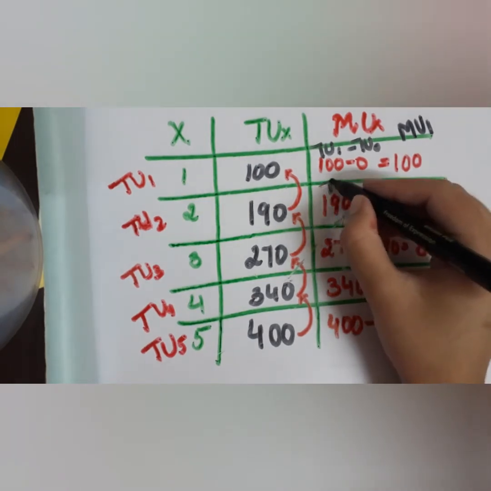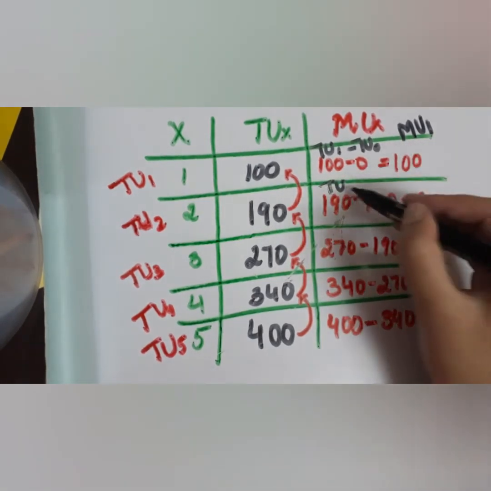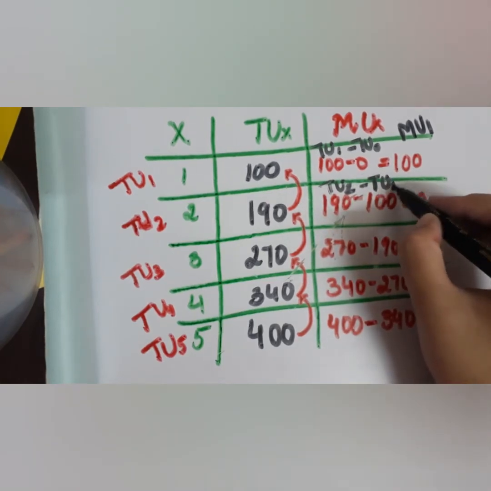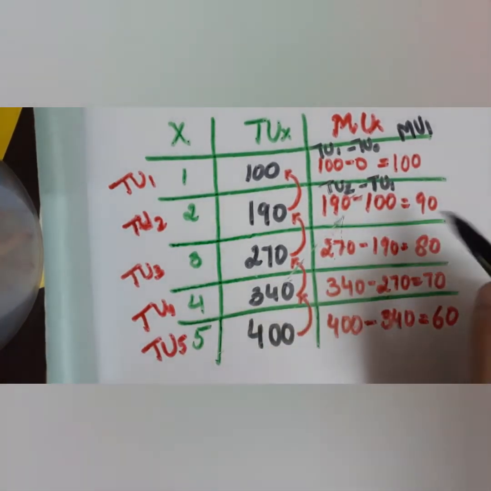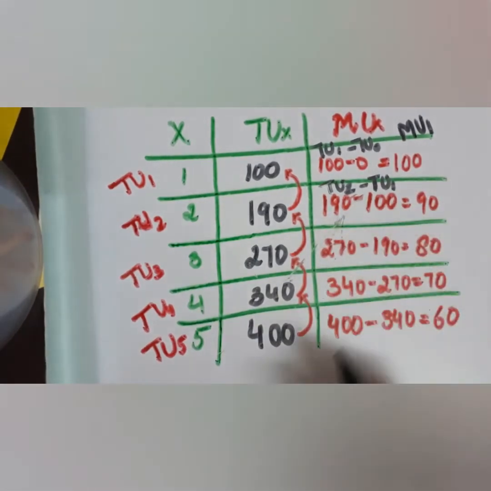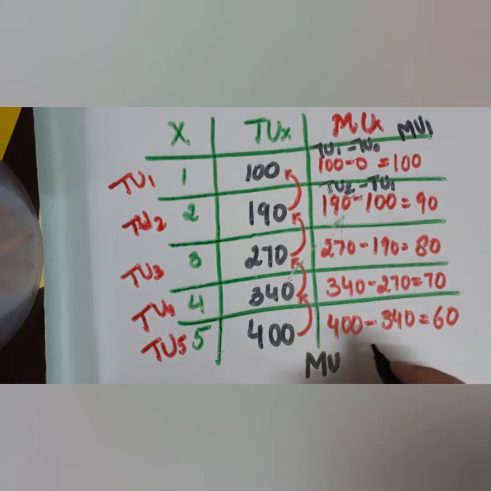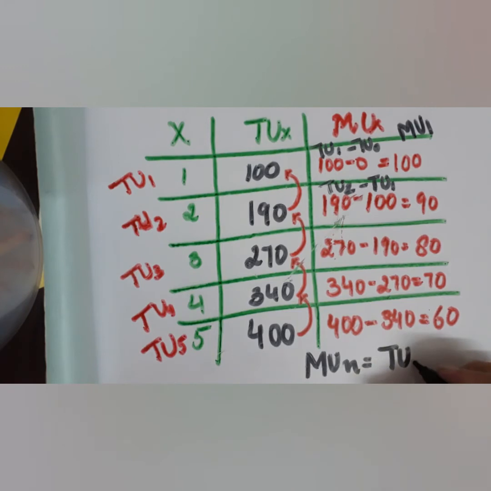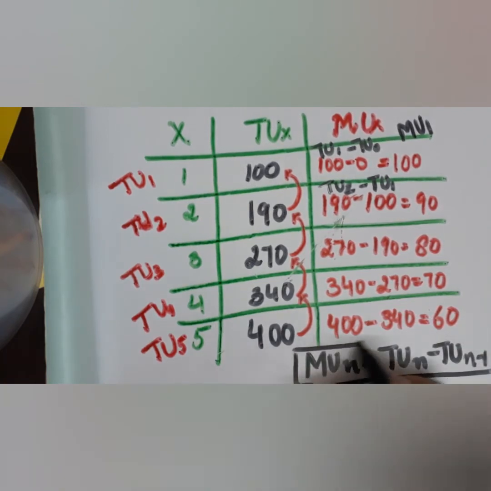Next is TU2 minus TU1. So this is very much important. The formula which comes out is: marginal utility of n is equal to the total utility of n minus the total utility of n minus 1. One unit is reduced. So this is your formula of calculating your marginal utility.